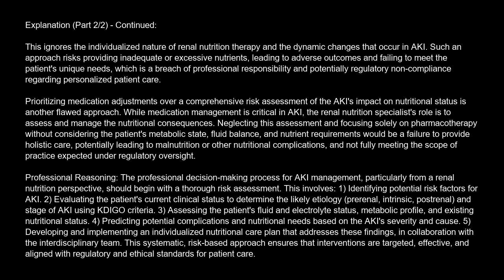Assessing the patient's fluid and electrolyte status, metabolic profile, and existing nutritional status. 4. Predicting potential complications and nutritional needs based on the AKI's severity and cause. 5. Developing and implementing an individualized nutritional care plan that addresses these findings in collaboration with the interdisciplinary team. This systematic, risk-based approach ensures that interventions are targeted, effective, and aligned with regulatory and ethical standards for patient care.